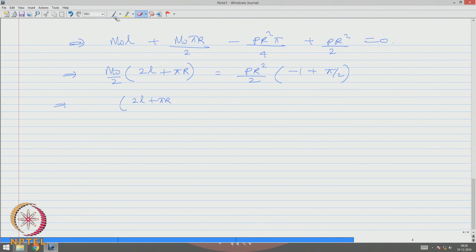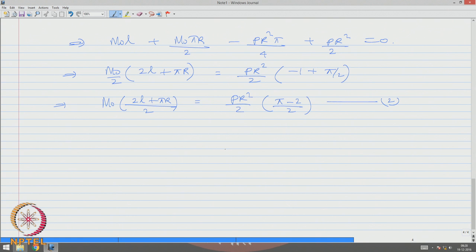Let us do it like this, m 0 is equal to p r square by 2 times (pi minus 2) by (2 L plus pi r), equation 2.